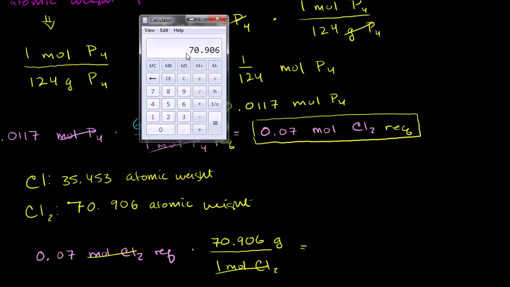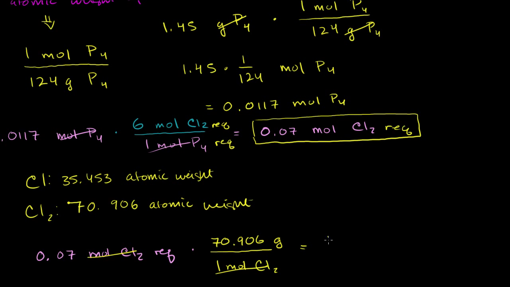So let's get that over here. We have 70.906 times 0.07, which is equal to 4.96 grams of Cl, of chlorine gas.